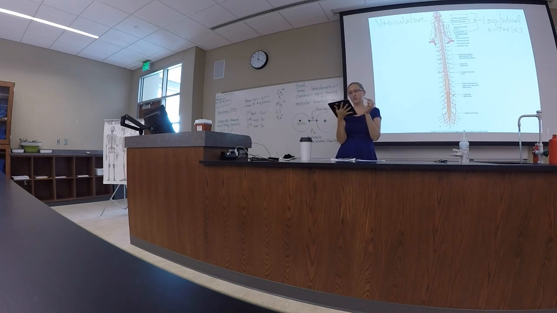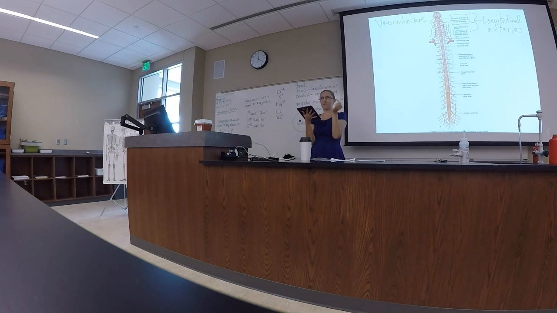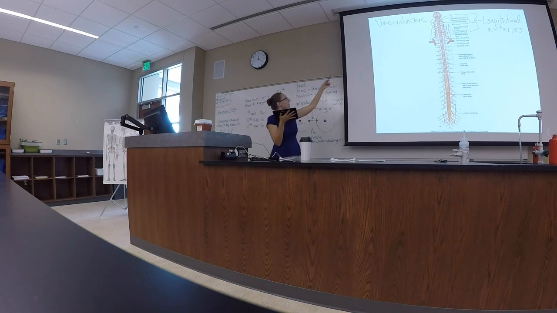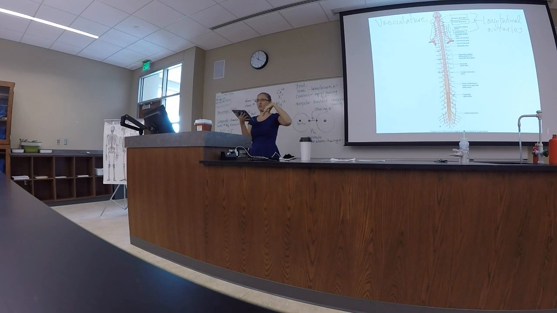So the vertebral artery goes up to the cranial cavity, and then right here, there's two branches that come in. Kind of hard to see, but you can see these two branches curving in towards the center of the spinal cord area. Those are coming down into the anterior spinal artery.